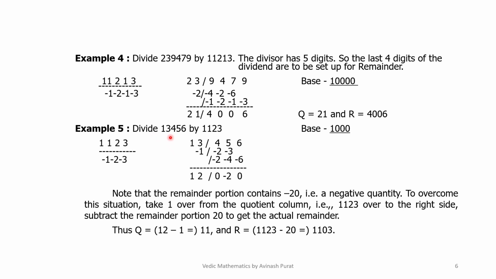Divide 135456 by 1123. Now here the base is 1000. For 1123, the 3 digits are taken down and the minus sign is added.